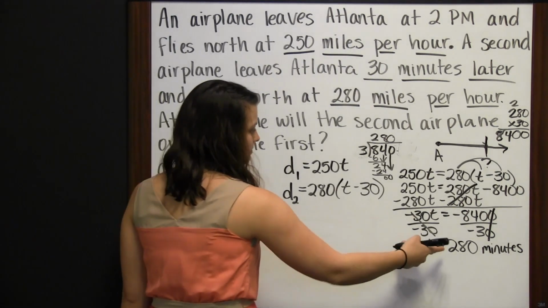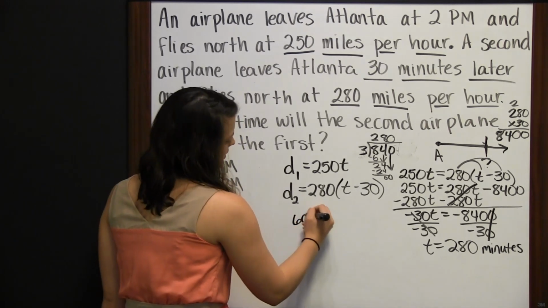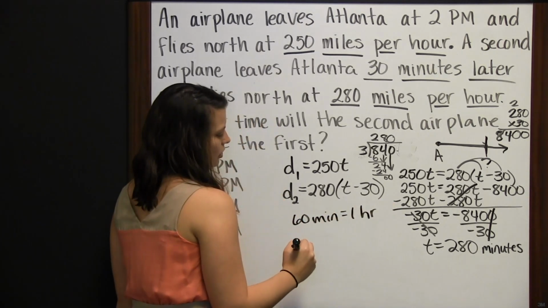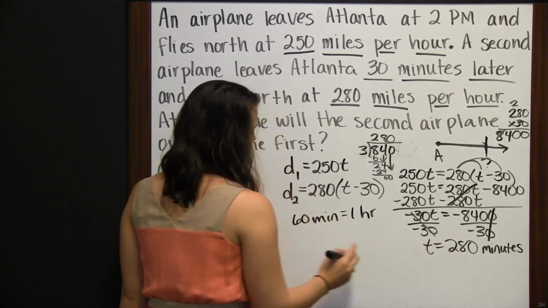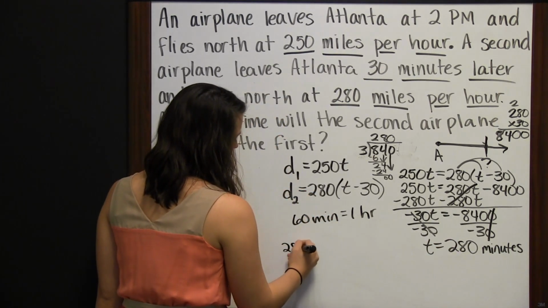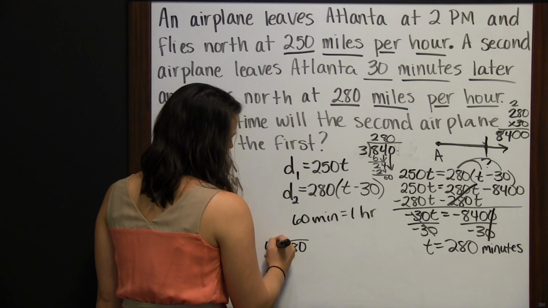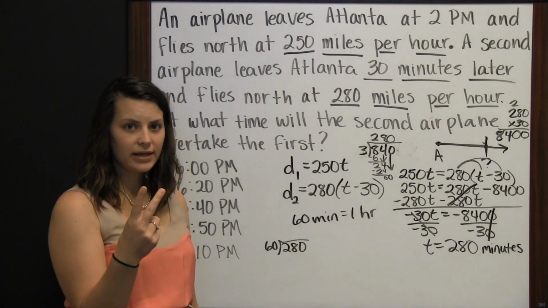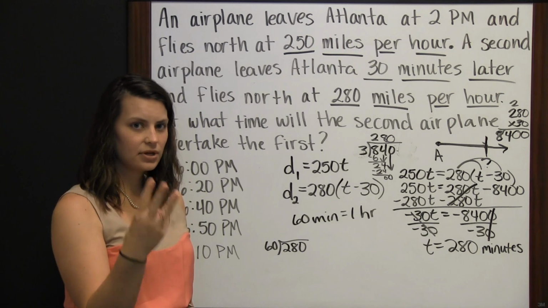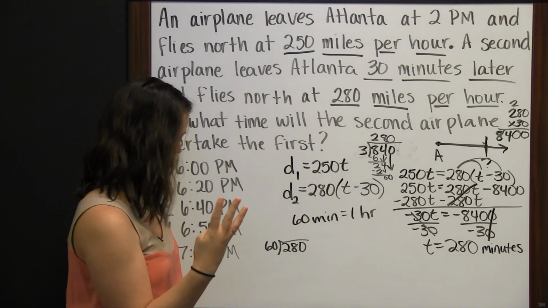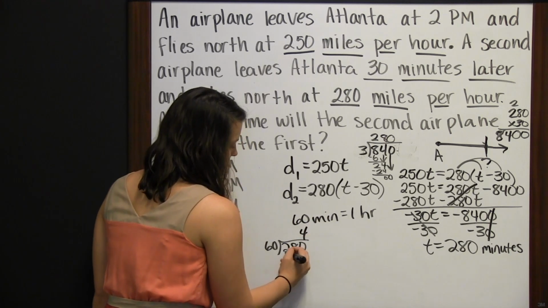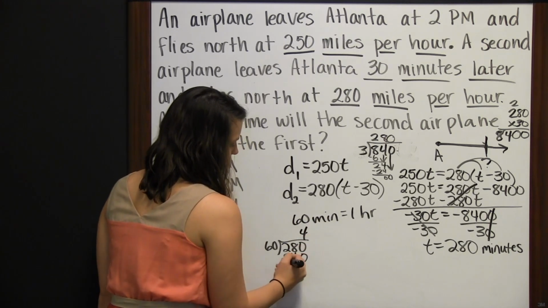To convert these minutes into hours, there are 60 minutes in 1 hour, which means we need to divide 280 by 60. So we've got 60, 120, 180, 240. So 60 goes into 280 4 times and you get 240.